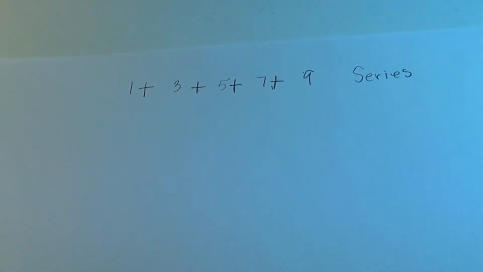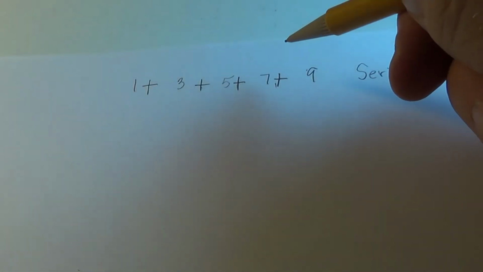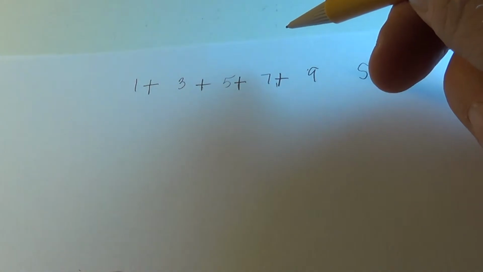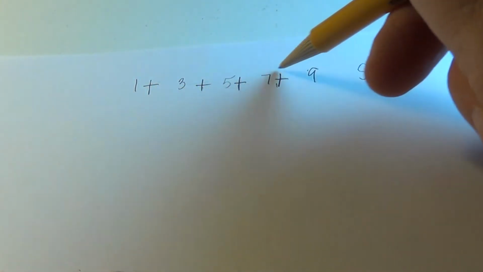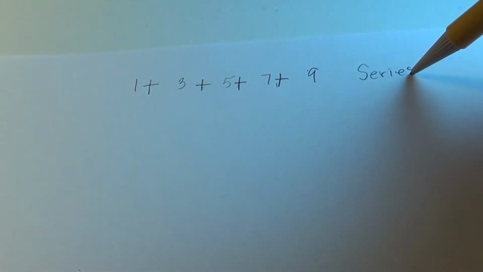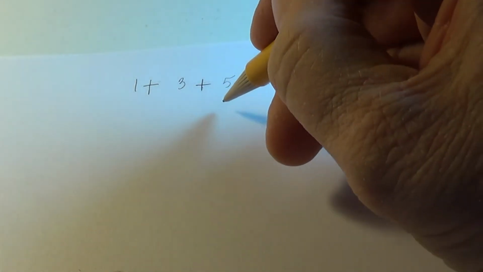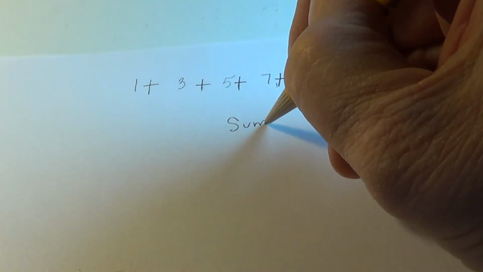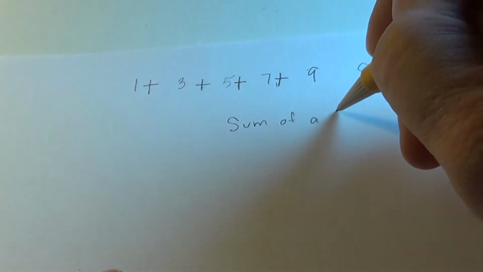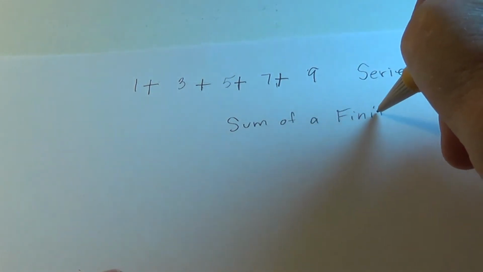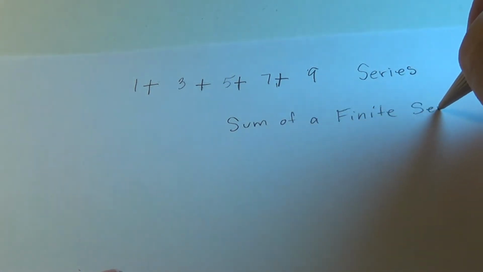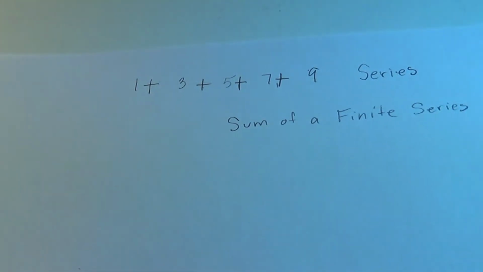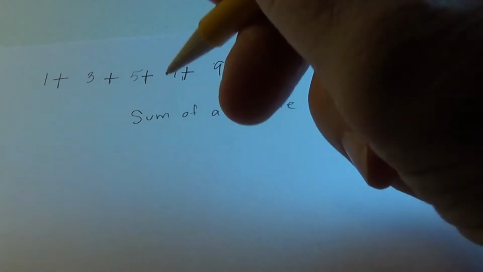So what I'm going to do now is take a sequence and turn it into a series. And I want to know the sum of a finite series. I'm going to develop a formula for that, and I'll do it by example.